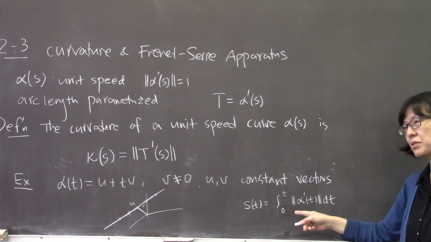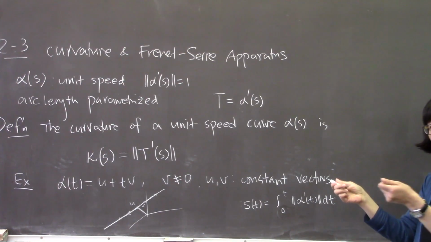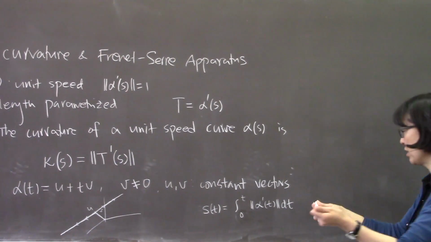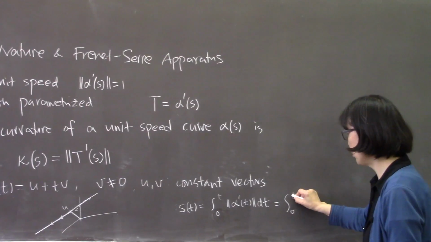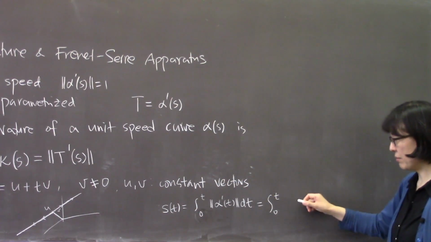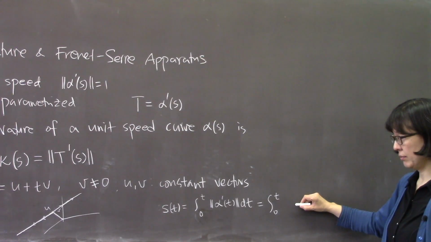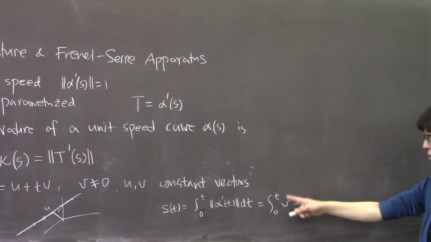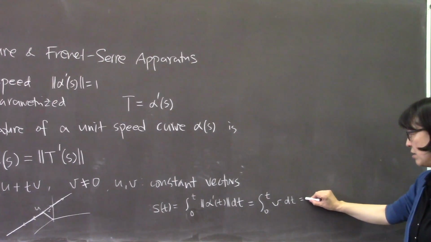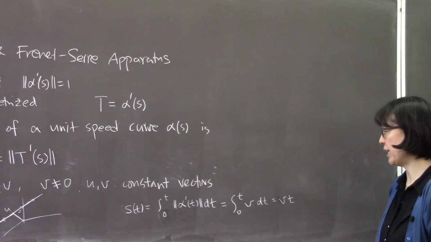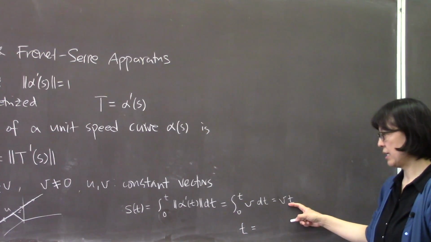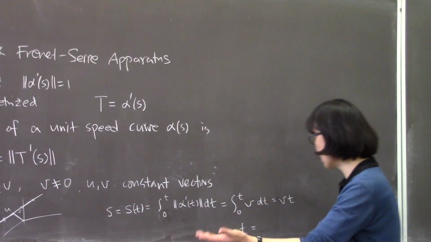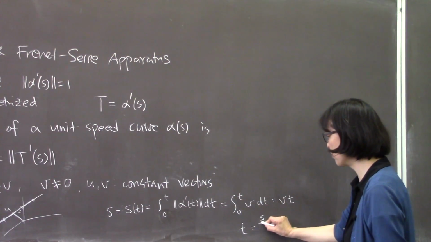If t0 is not 0, we can change the interval so that it has a 0 in it, just by translation. So then if you put this, what do you have? The magnitude of v dt, right? So what is t? So S is the magnitude of v times t, so t is S over the magnitude of v, right?